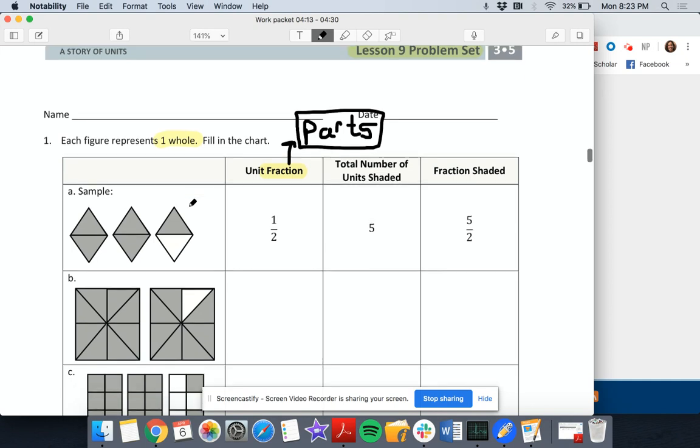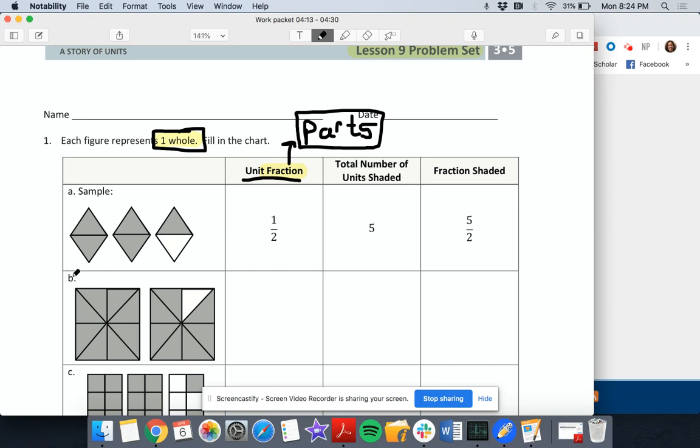So for our first sample problem, we see this triangle made diamond-esque figures. And it tells us that each figure represents one whole. So this figure is one whole, this figure is one whole, and this figure is one whole. Okay? And first, it asks us to write the unit fraction. And if we remember from yesterday, we know that the unit fraction is pretty much just one part of the whole.